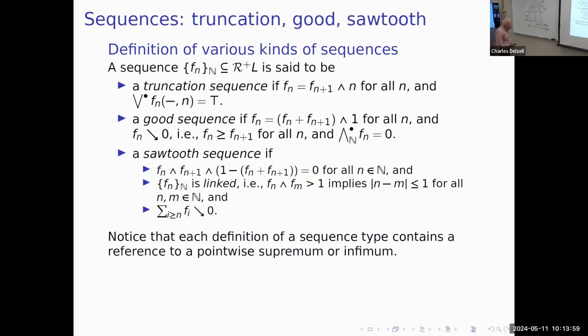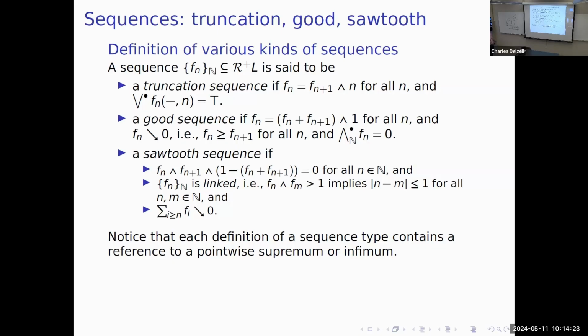Okay, and now I'm going to go briefly through, again, a little bit more of the arithmetic in here in R of L. There are three types of sequences which I'd like to introduce. One is what I'm calling a truncation sequence.